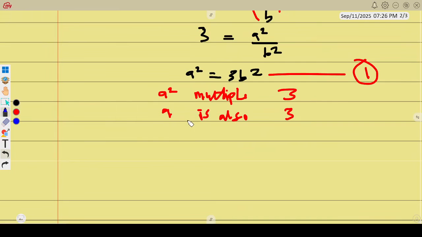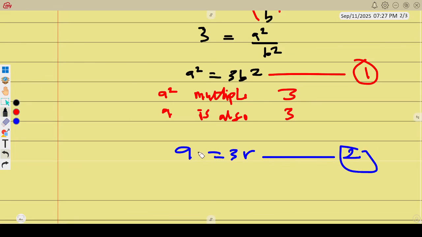So since a is a multiple of 3, then we can write a is equal to 3r. Guess what number will be in front? We're going to put 3. So let's rewrite equation 1. As soon as you see the r, this is equation 2.